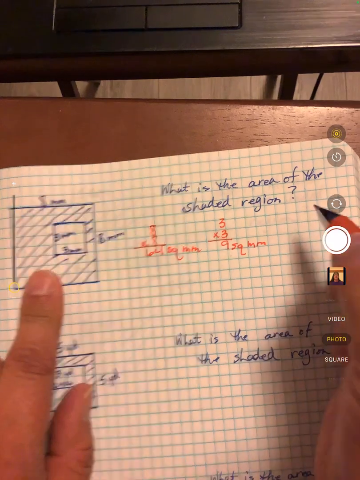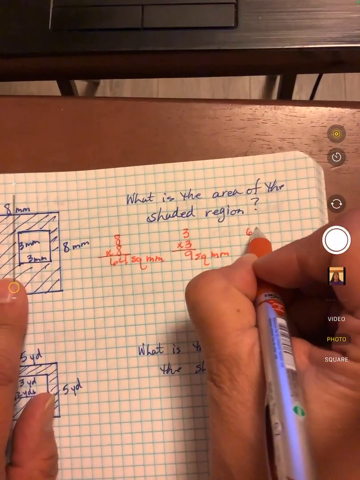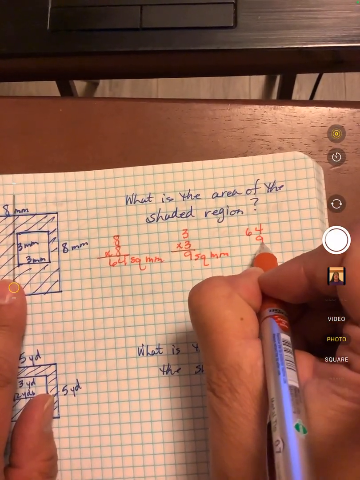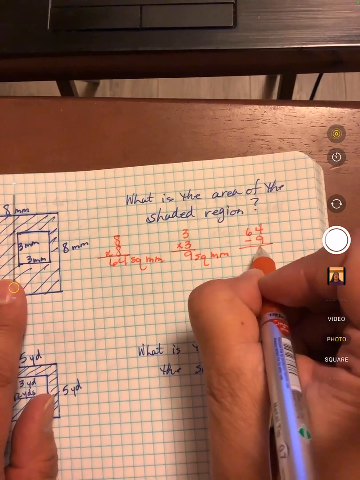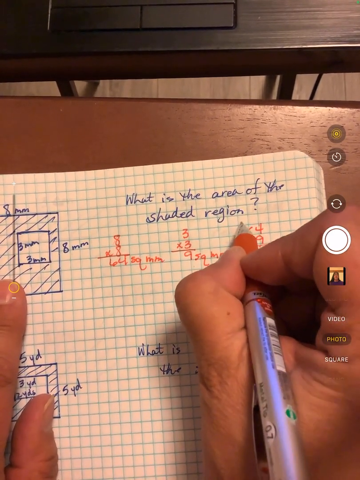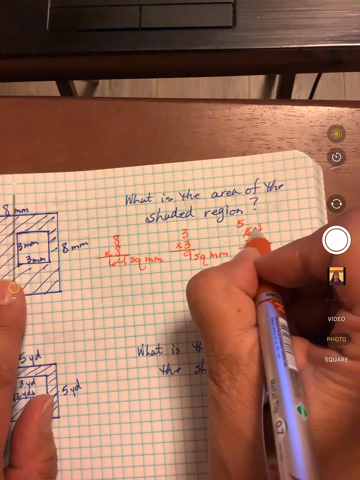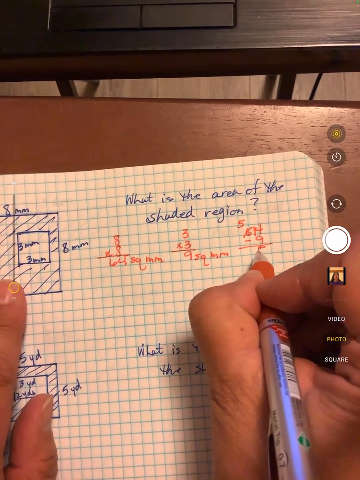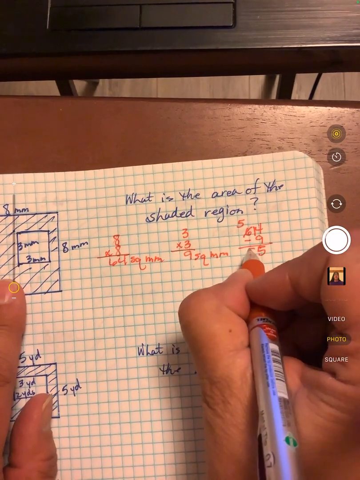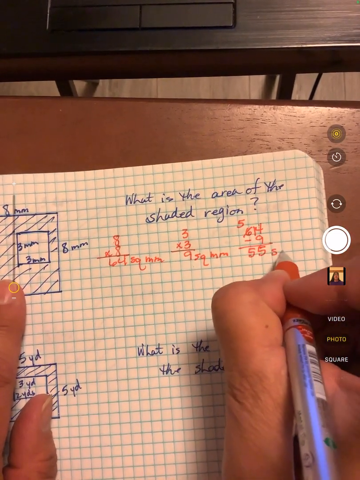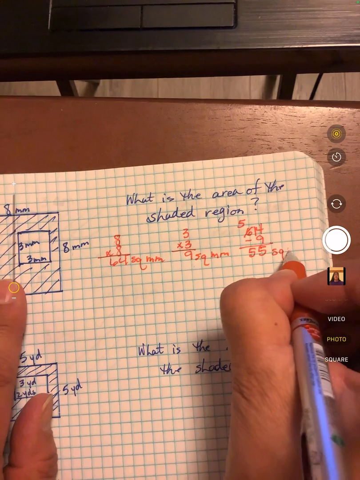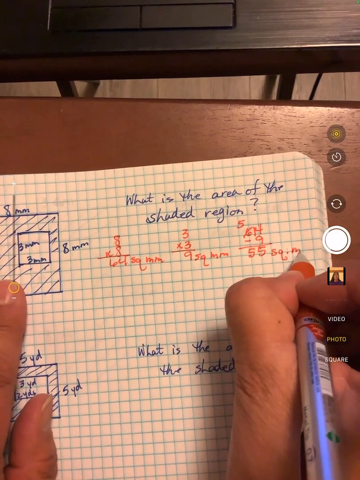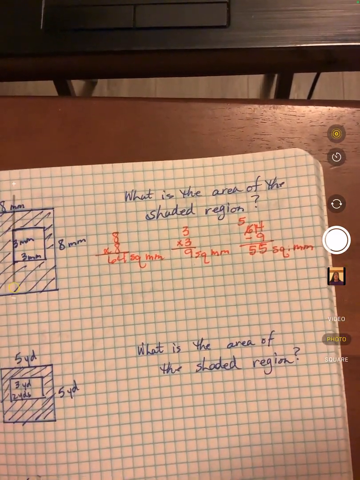So now we subtract 64 minus 9. 4 minus 9 I can't do, I have to borrow from the 6. 14 minus 9 is 5, and then 5. And then we have our label square millimeters. Okay?